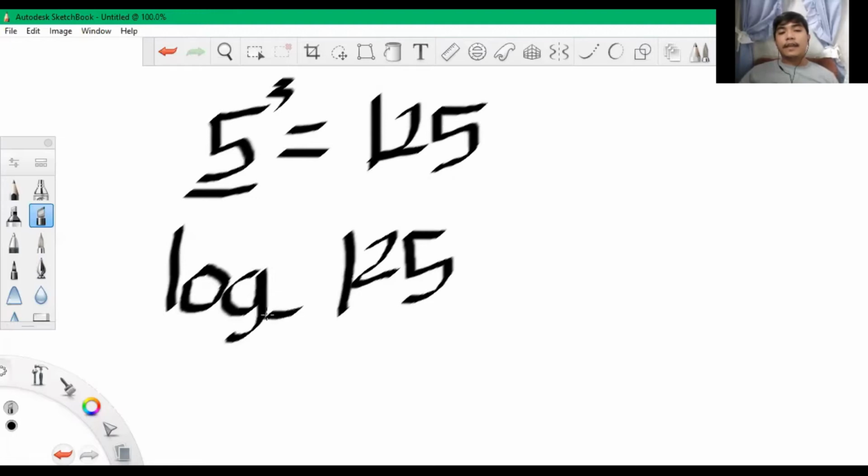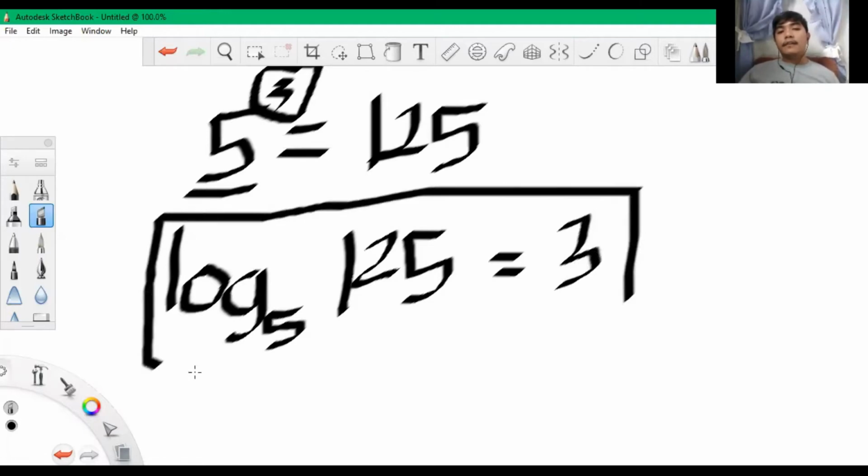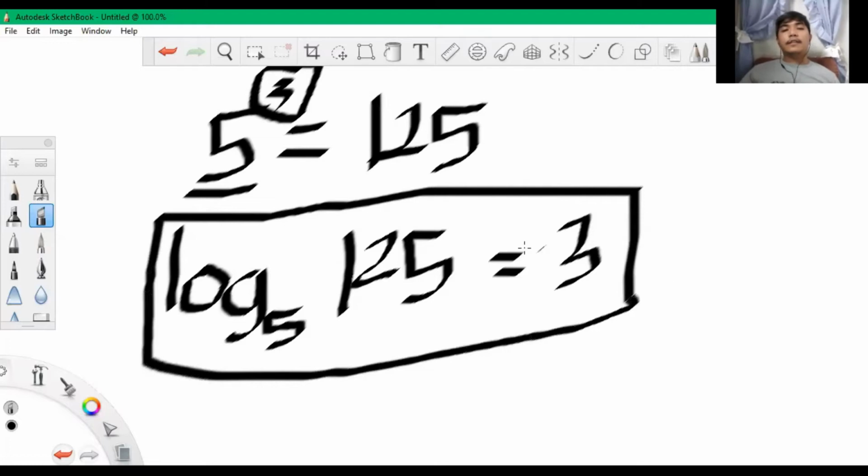So we will write the subscript 5 after the logarithm symbol. So we have logarithm of 125 to the base 5 is equal, and our y should be the exponent of the exponential equation, and we have 3 as our exponent, so we will write 3. So here is the logarithmic form of the exponential form 5 cubed is equal to 125. So now we have logarithm of 125 to the base 5 is equal to 3.